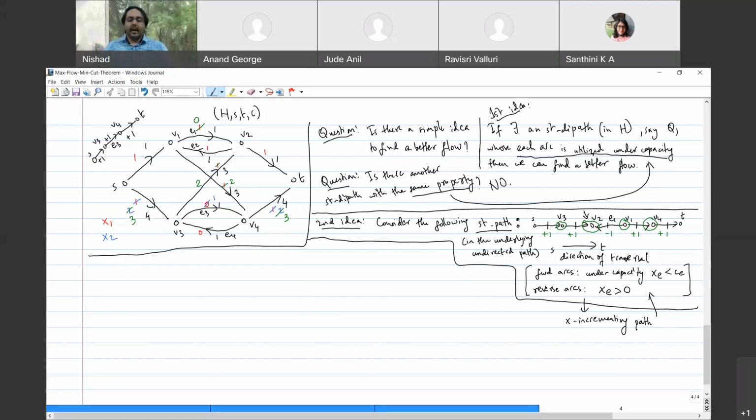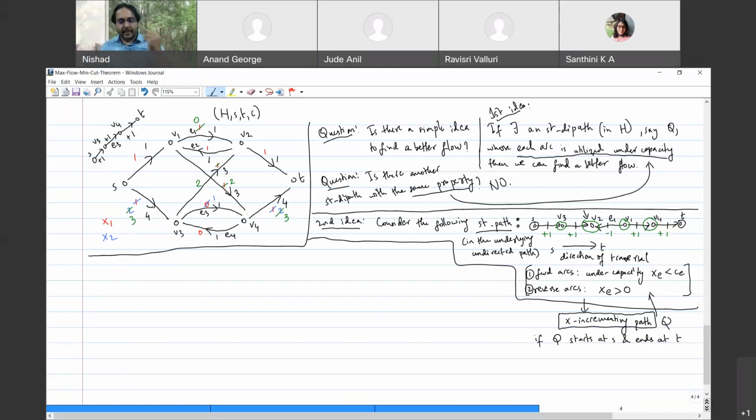So these two conditions, condition 1 and condition 2, are the definition of an x incrementing path. And if an x incrementing path starts at vertex S and ends at vertex T, we will call it an x incrementing ST path. If Q starts at S and ends at T, the starting and ending is important because we need a direction of traversal, right?